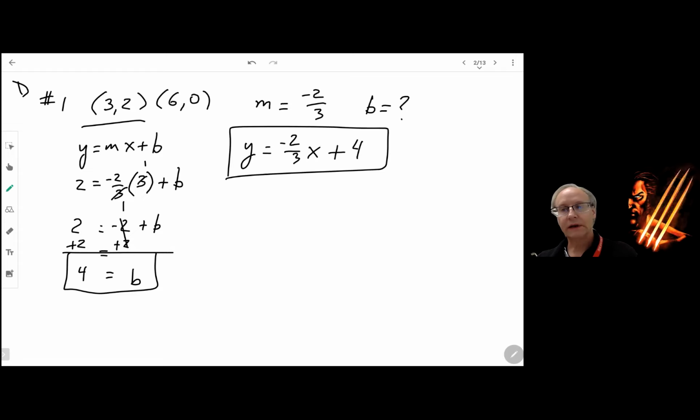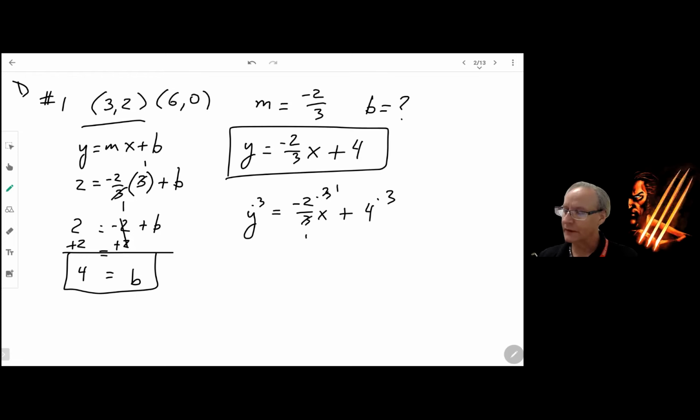Now, whenever I want it in standard form, you need to multiply all the terms by 3 because we need to eliminate any fractions. What I mean by that is y times 3, negative 2/3 x times 3, the plus 4 times 3. All I'm doing is multiplying by 3 on both sides of the equation, and I'm going to simplify this.